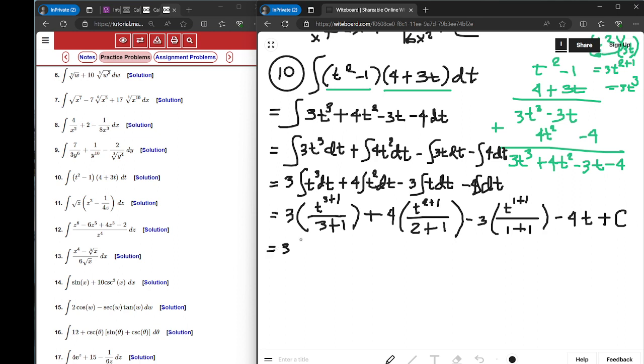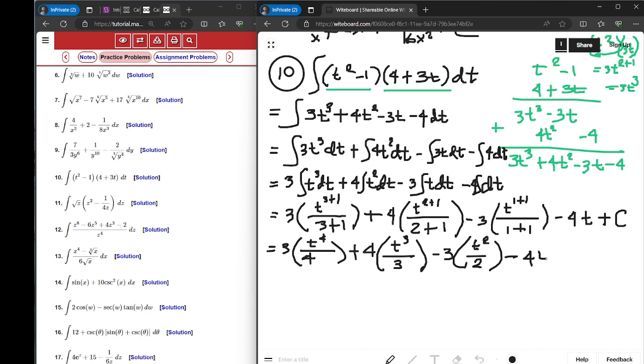Let's simplify further. This will become t to the fourth over 4 plus 4 times t cubed over 3 minus 3 times t squared over 2 minus 4t plus c, or that is equal to 3 over 4 times t to the fourth plus 4 over 3 times t cubed minus 3 over 2 times t squared minus 4t plus c.